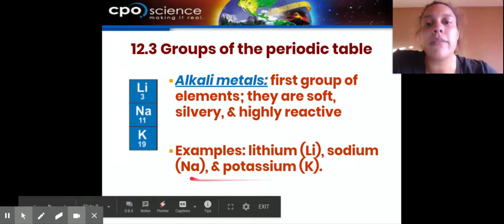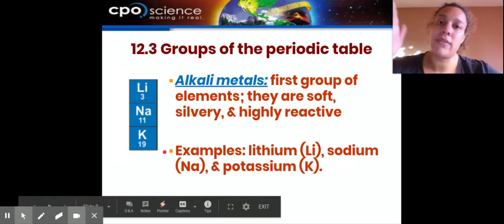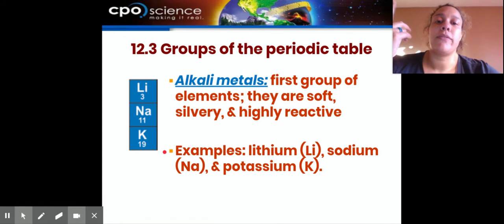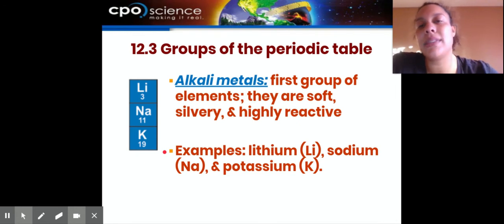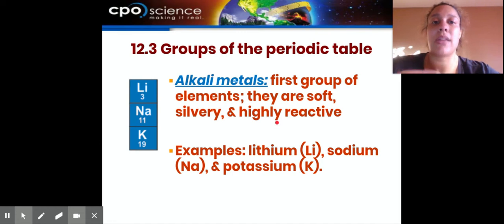So the first group on the very far left side of the periodic table, that first group is known as the alkali metals. They are soft and silvery because they're metals, right? Or shiny and silvery, sorry. But their feature is that they are soft. So you can literally cut these metals with a spoon and scoop them out if you wanted to. And the other feature is that they are very highly reactive. So they react with oxygen and they react with water like instantaneously.